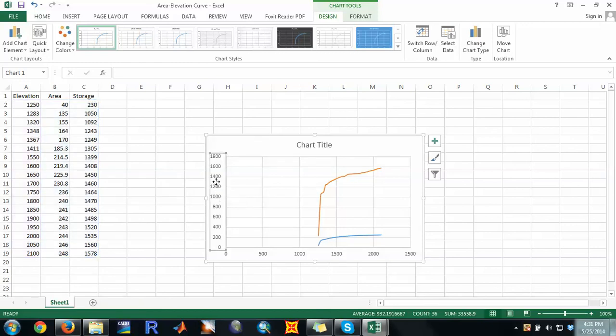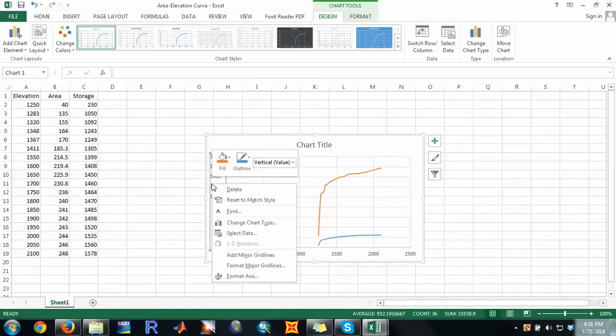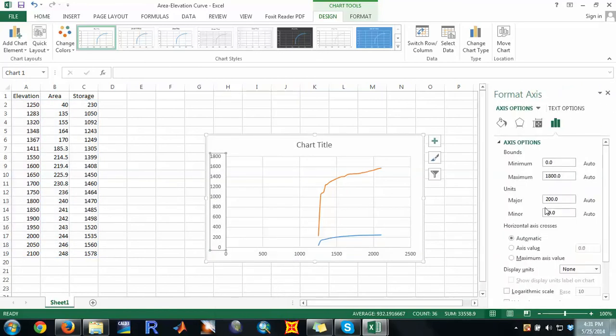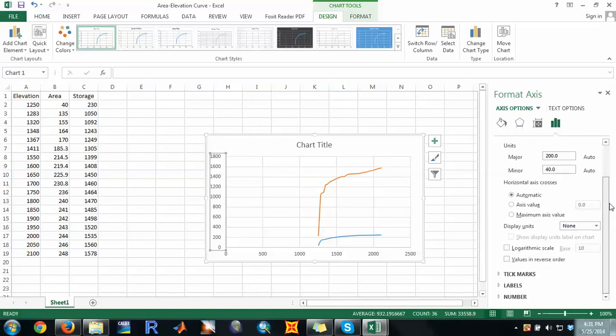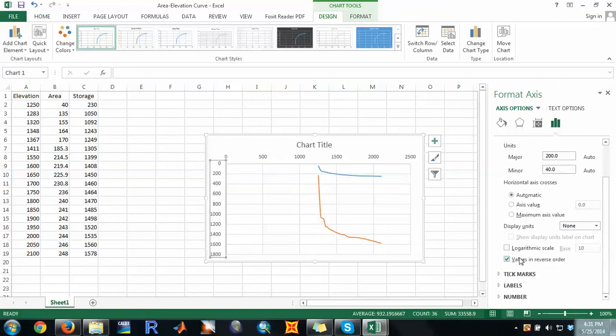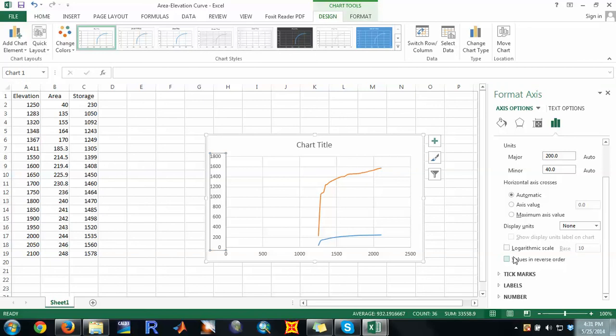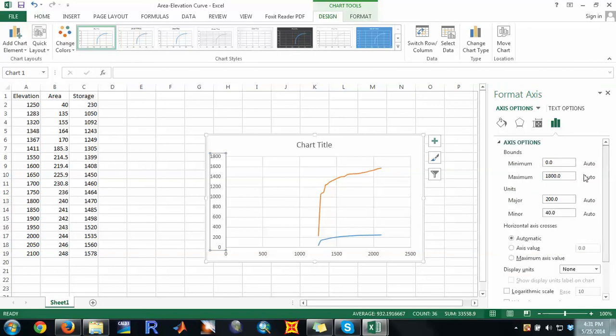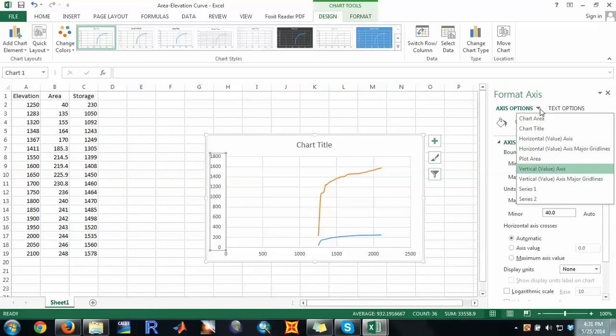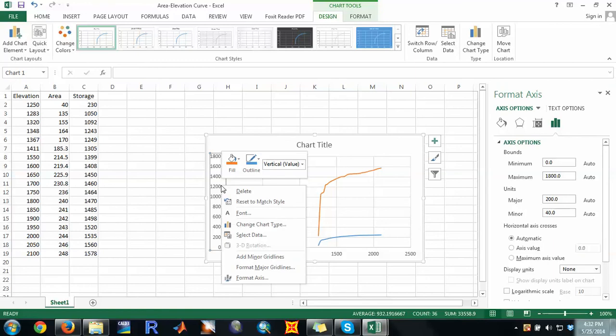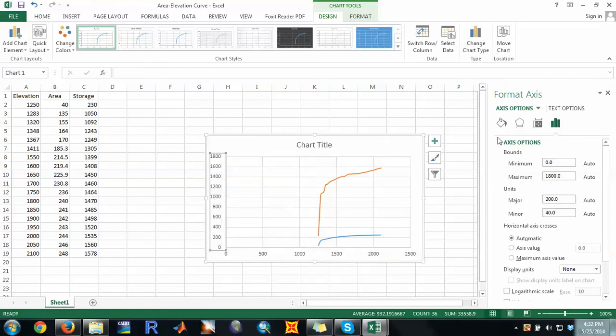So right click on this axis, and then format axis. Then you go to values in reverse order for one. Okay, sorry, you have to go to the axis options first, and you have to go to format axis.